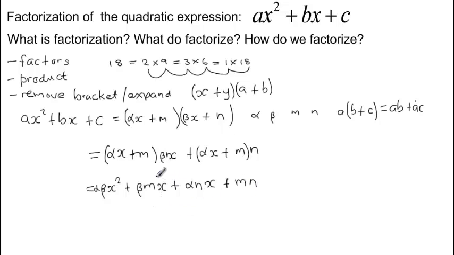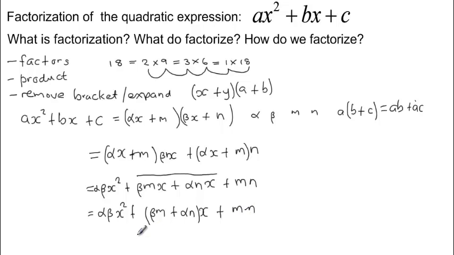In this case, we can see that these two are like terms in terms of x. So we can take out common factor x there, right? Alpha beta x squared plus beta m plus alpha n, brackets, x plus m n.